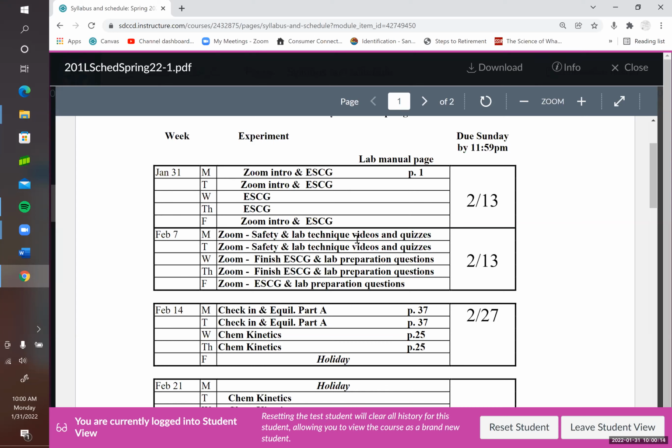And the reason why I have this set up in a Zoom format for the safety and lab techniques quiz is because I know that a lot of you have different experiences in lab.